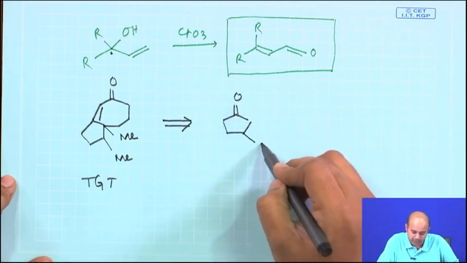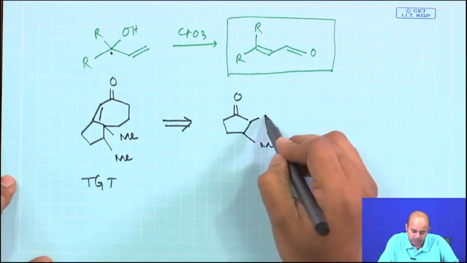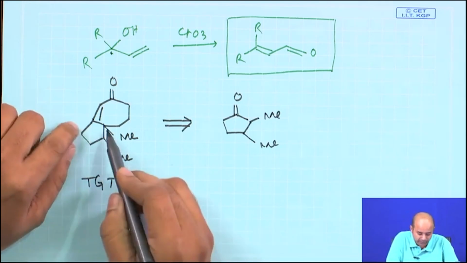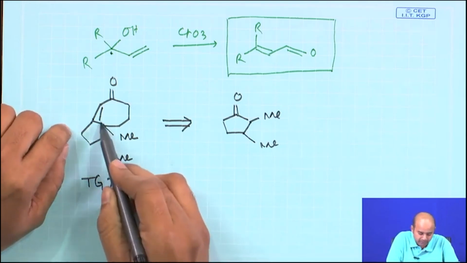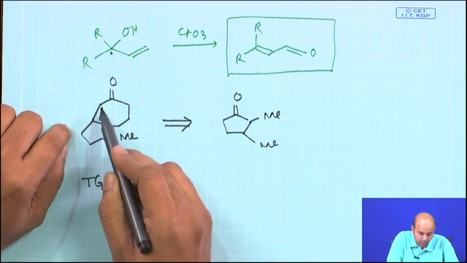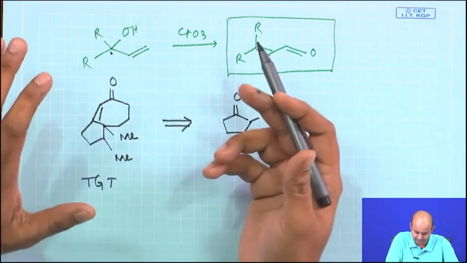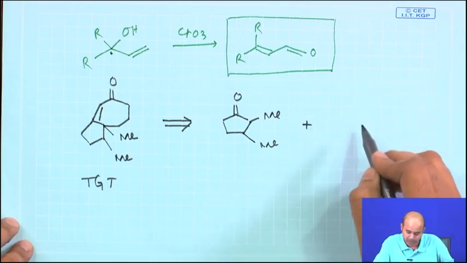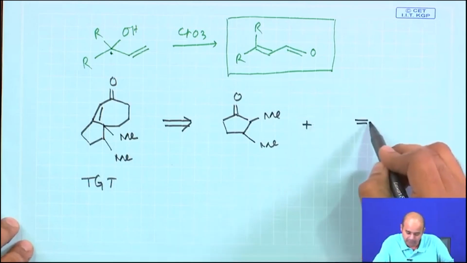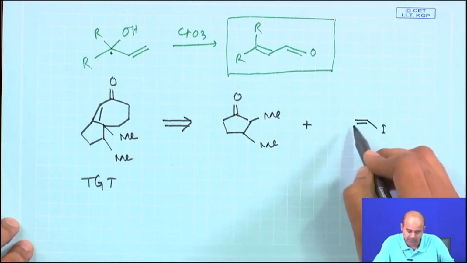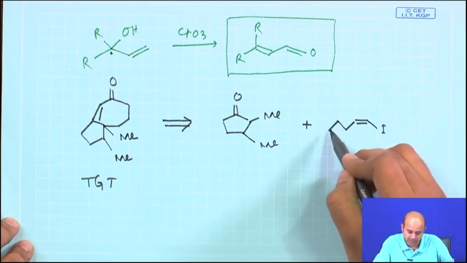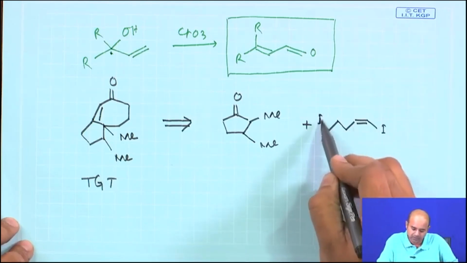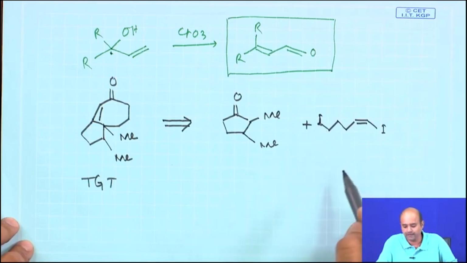We will be using a starting material, 2,3 dimethyl cyclopentanone, which is here, methyl, methyl, and this part where the ketone group has been basically replaced. And I will also give you a starting material which is similar, a vinylic iodo as well as an aliphatic iodo.